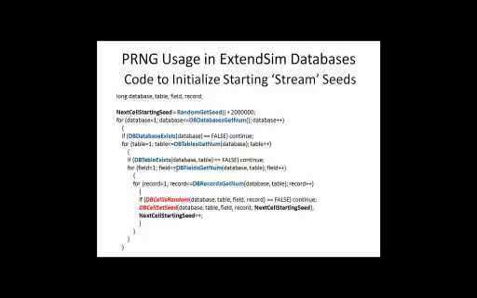If it does exist, we go through the individual fields for that table, and then within a field, we go through the individual records. If we find that the cell we're pointing at, the database, table, field, and record, is not a random definition, we do a continue and skip this set of code. Otherwise, we set the seed for that particular cell.